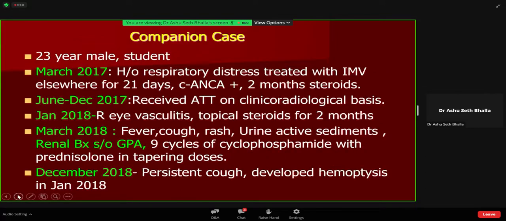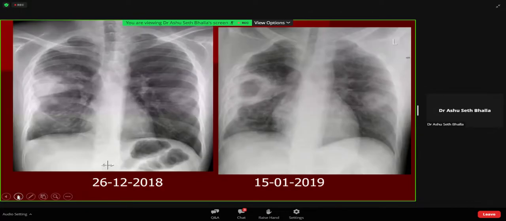So secondary infection in these cavities is common. And this is another 23-year-old male patient with a similar picture. Most of these patients will have so much imaging to compare and such a long story, and each time we have to see how immune suppressed the patient was when the new manifestation came, to take a call on infection versus disease activity.